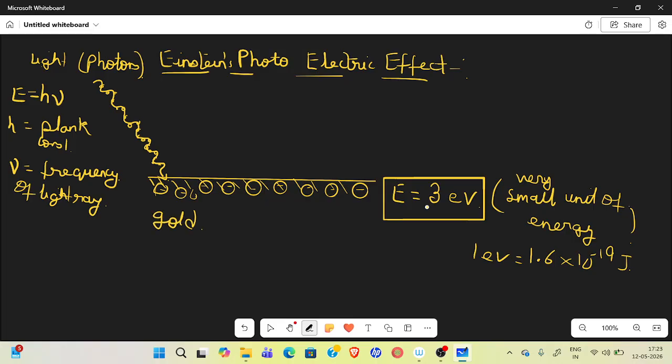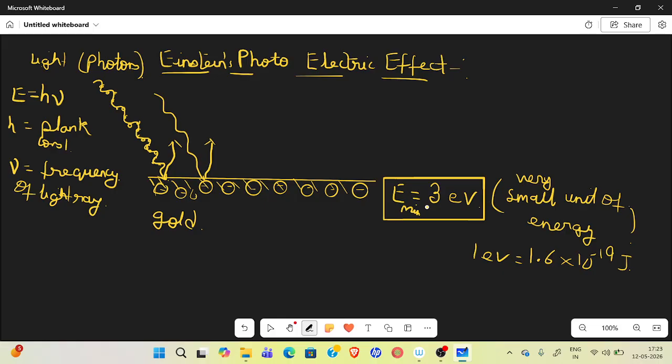So if the electron gets this minimum amount of energy, it will come out of the surface.